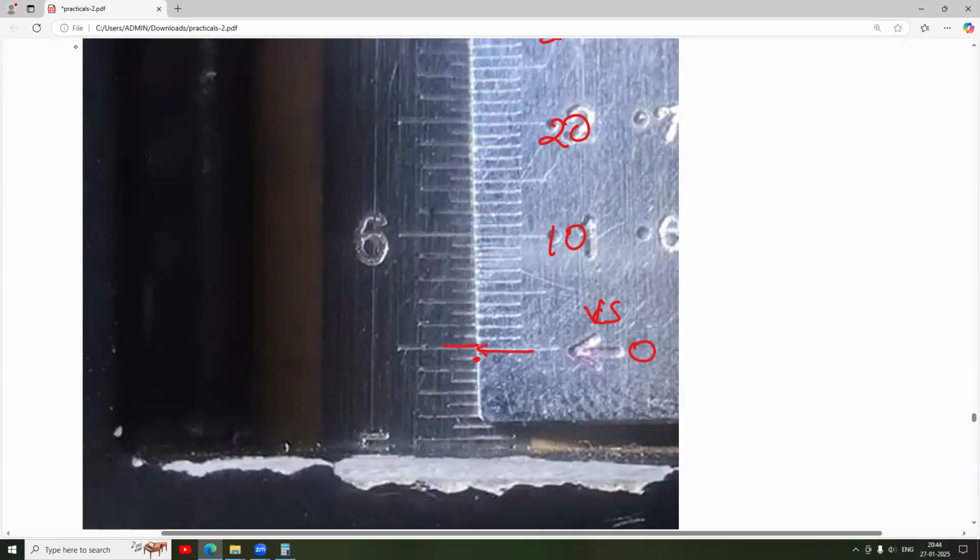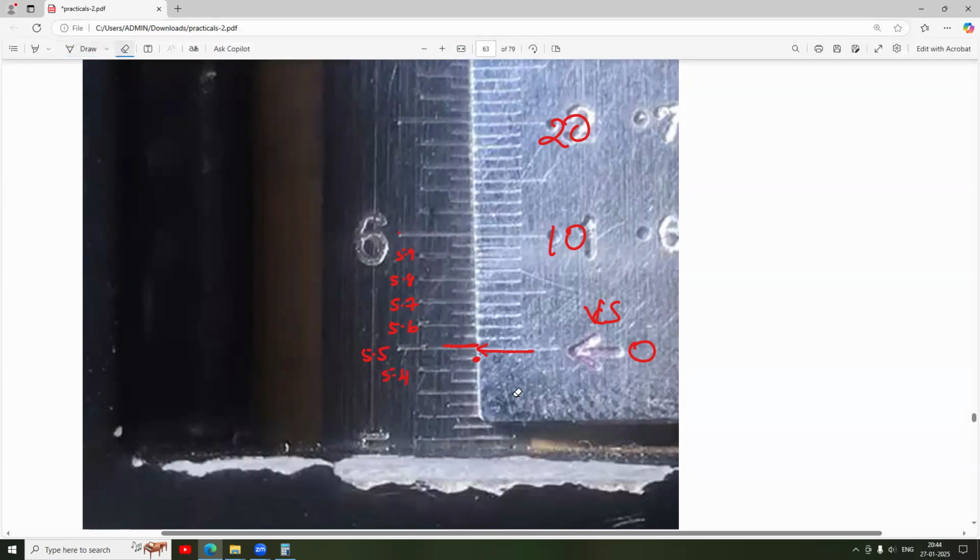What is this reading? If this is 6, then this is 5.9, 5.8, 5.7, 5.6, 5.5. This is 5.4. That means, what is this main scale reading?